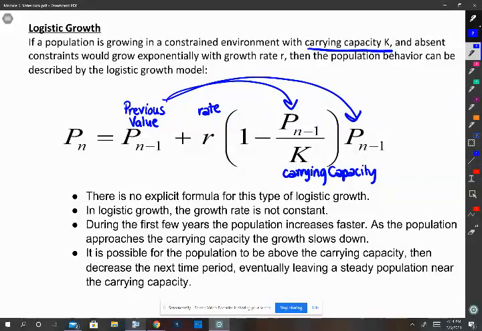And so with this, a couple of things: in logistic growth, the growth rate is not constant. During the first few years, the population increases really fast. And then as the population approaches the carrying capacity, the growth is going to slow down. And sometimes it's going to go above the carrying capacity, and then the next time it's going to go below. It's going to go up and down close to that carrying capacity until it eventually is steady.